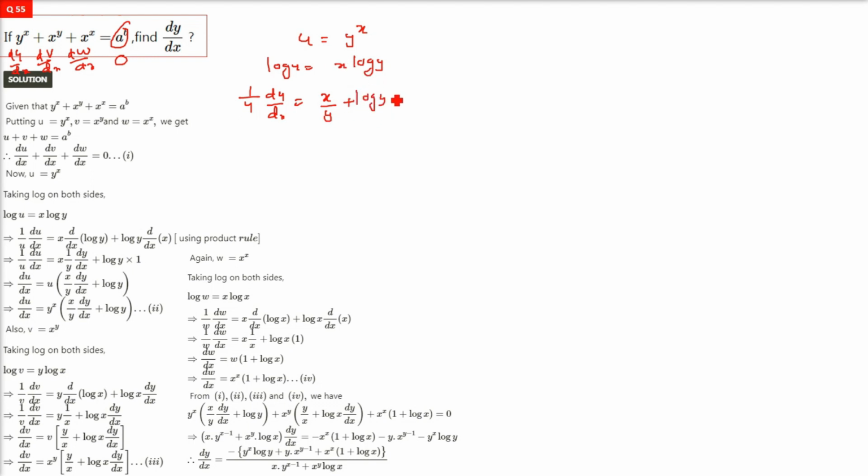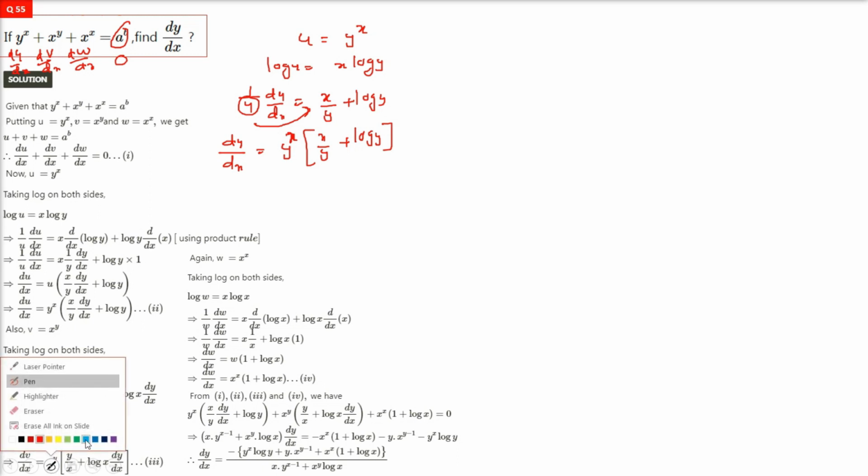So du by dx will be, u will go on the right hand side, and u was y to the power x only: y to the power x times (x by y plus log y). First thing. Second thing, x to the power y.